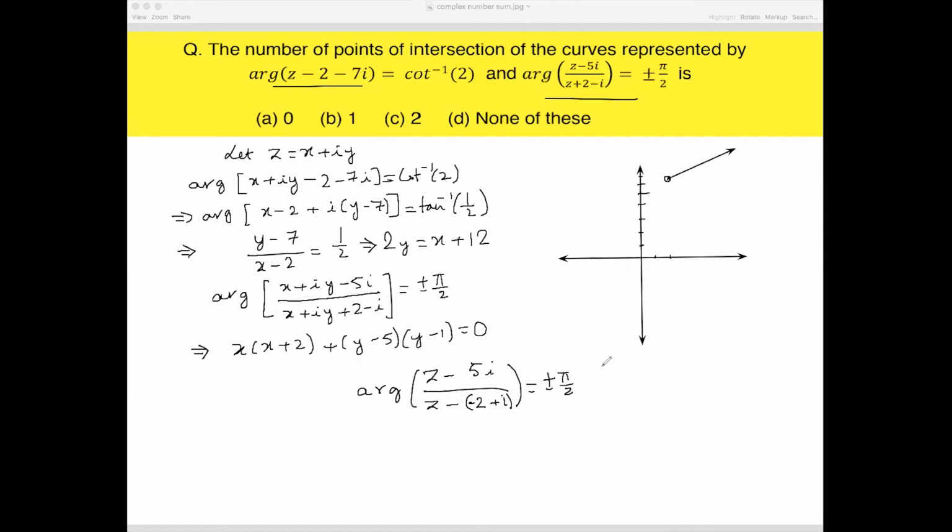So plus and minus π/2 means that it completes the entire circle. It includes both the halves. So we just have to now take the ends of the diameter. 5i would be somewhere here, and -2 + i is somewhere here.